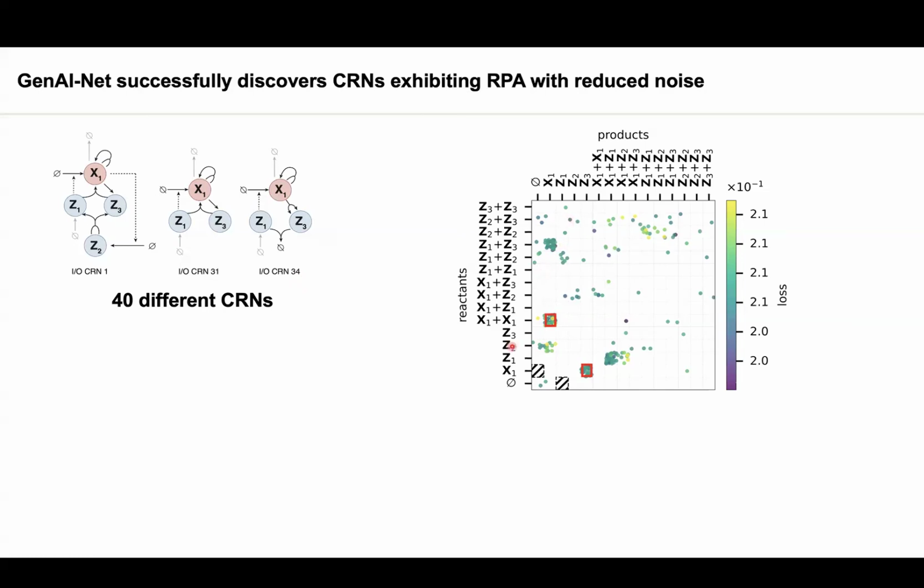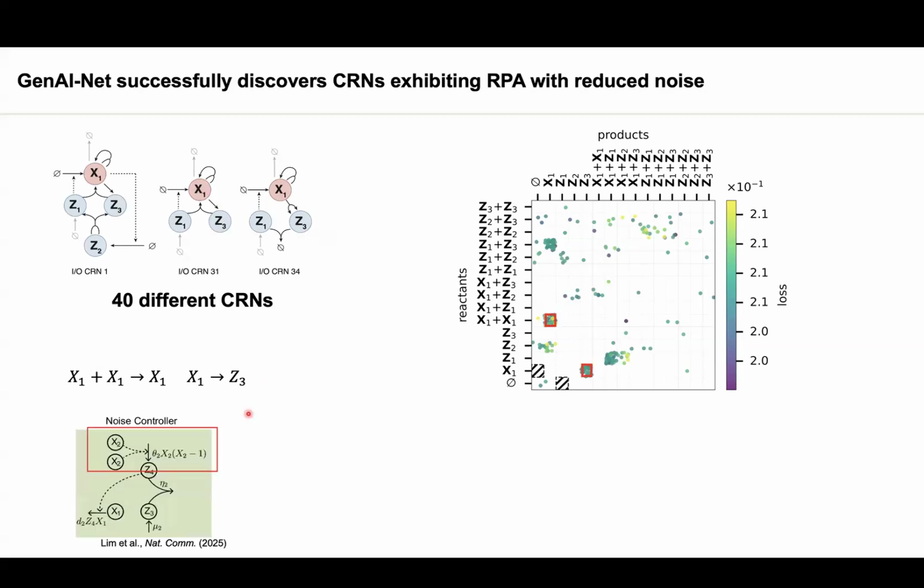If I pick two reactions from this, they are X1 plus X1 to X1 and X1 to C3. This dimerization of X1 and making one species is really similar to what I discovered in my paper. It dimerizes first and makes one species.